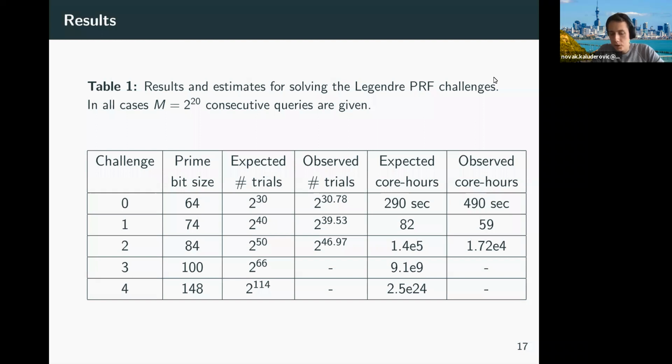It's still an open question whether one could create a cubic yield from a limited query case. So if from m queries we can obtain m cubed many sequences, that would probably give a computable solution to the 100-bit prime size. But for the 148-bit challenge, probably a different algorithm is needed.